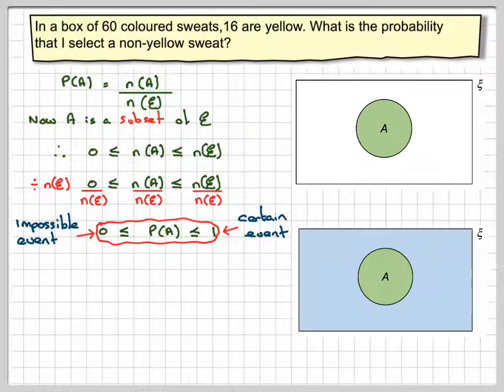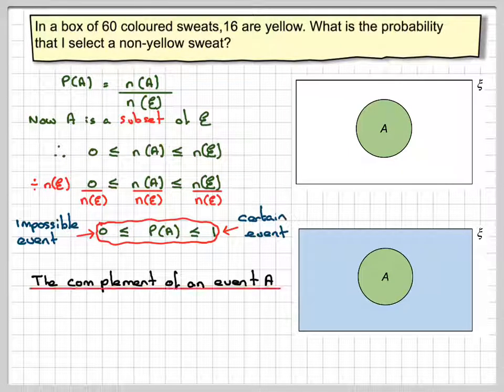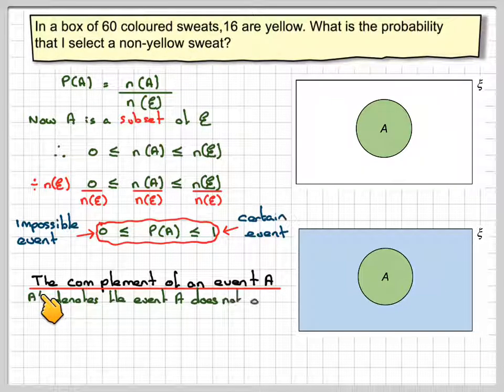Right, so that's one rule. Another rule is this: if we have this here as A, the blue shaded bit is considered to be the complement of the set A, or not A. So what we're going to do here is look at the complement of the event A, and A with a little dash denotes the event that does not occur.